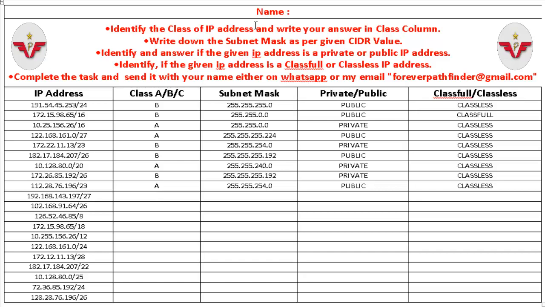Now 192, class C. 27 bits, 255.255.255.224. Public or private? 192.168 means it's private. Classful or classless?